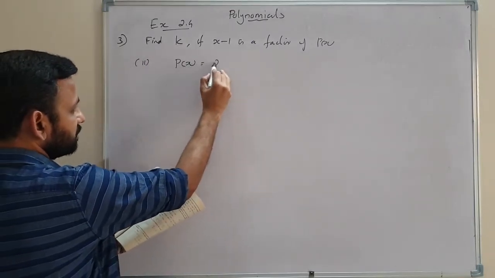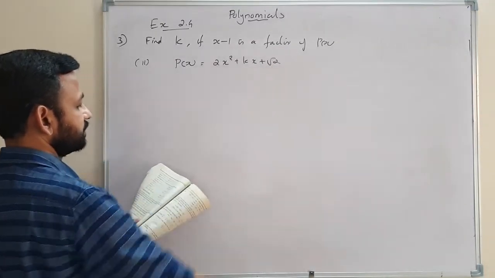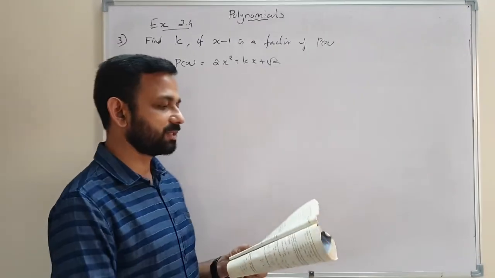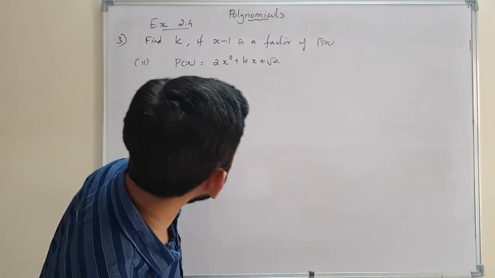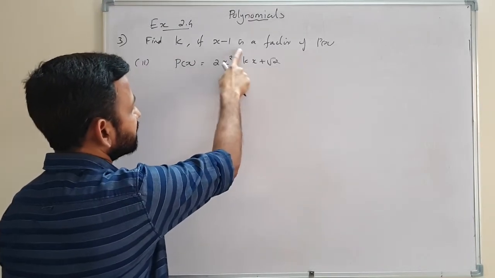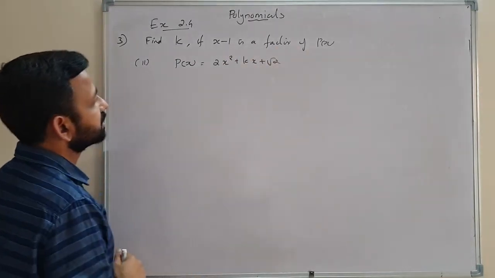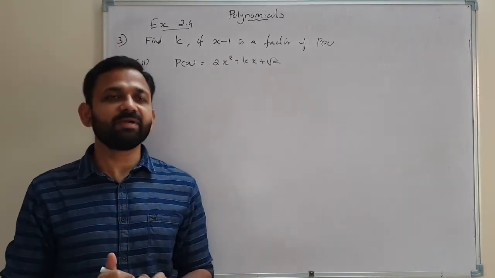p of x is equal to 2x square plus kx plus root 2. Now we need to find the value of k if x minus 1 is a factor of p of x. So x minus 1 is a factor of p of x, that is given.